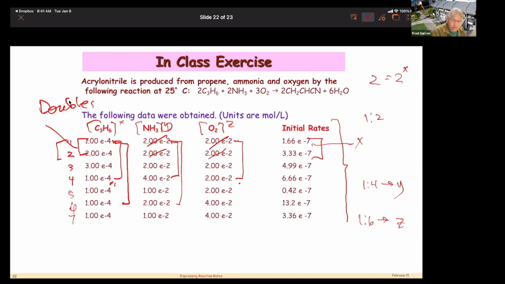For this right here, just not even doing the math, because the rate doubles when the concentration doubles, then X has got to be 1. Okay, and I didn't even have to put it in that long form. I could just do it by inspection. That's why I always look for concentrations that are double or quadruple, because those are numbers that are easy to do.